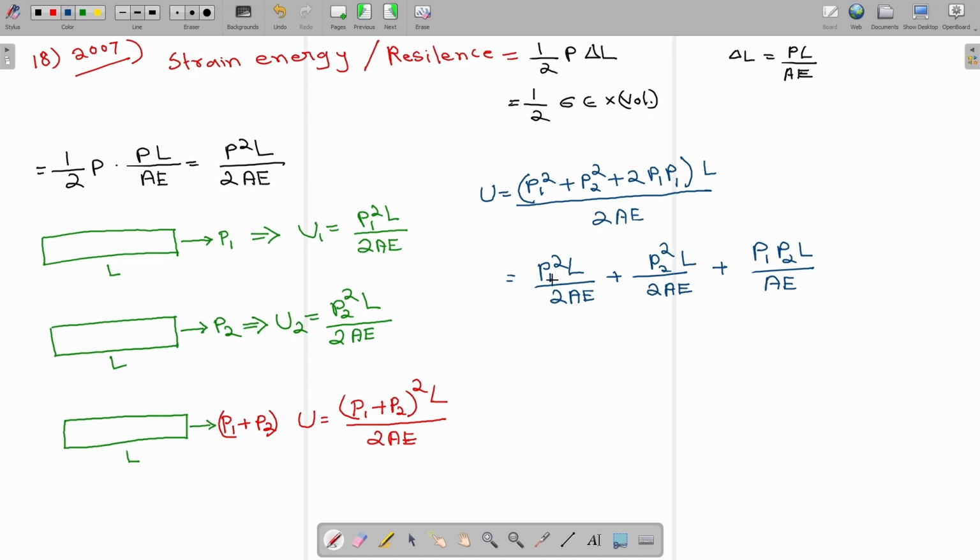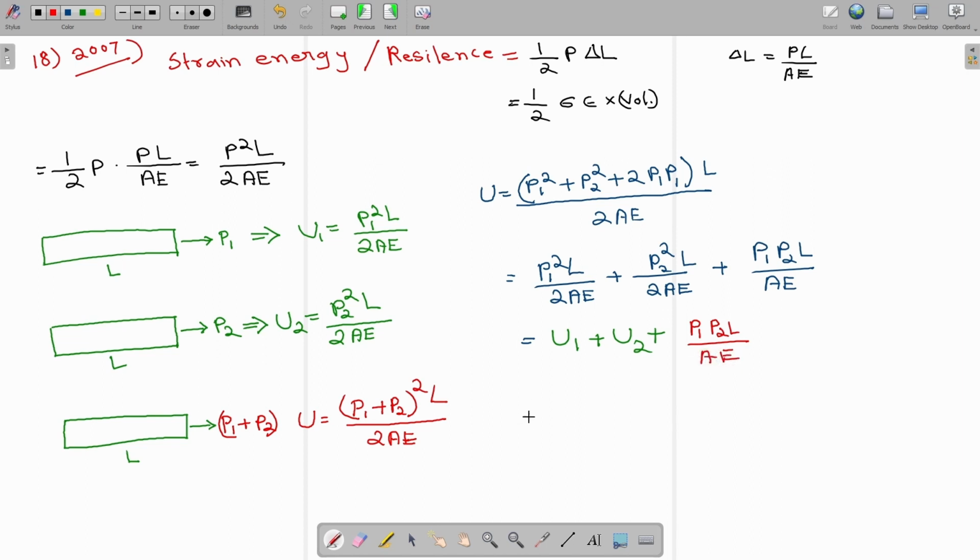Now this is U1, this is U2, plus P1 P2 L by AE.